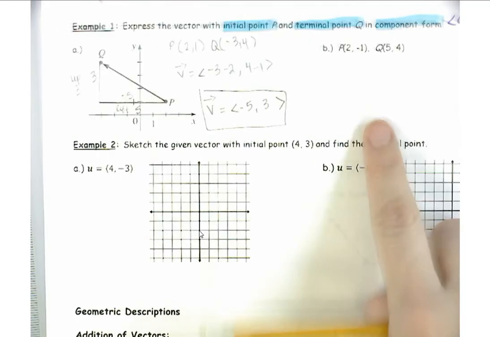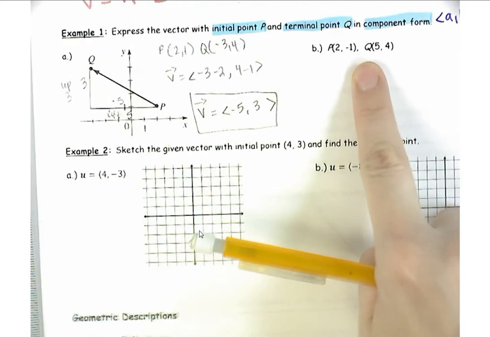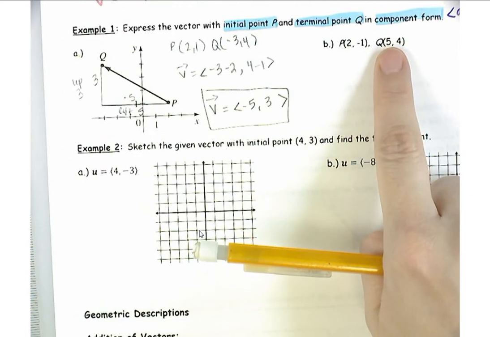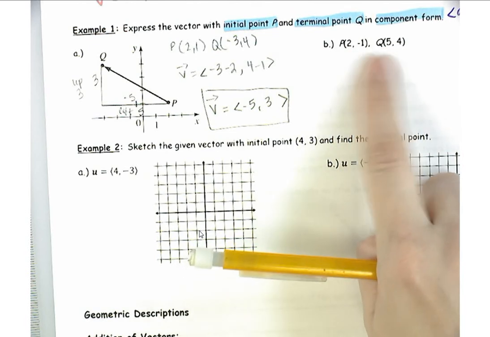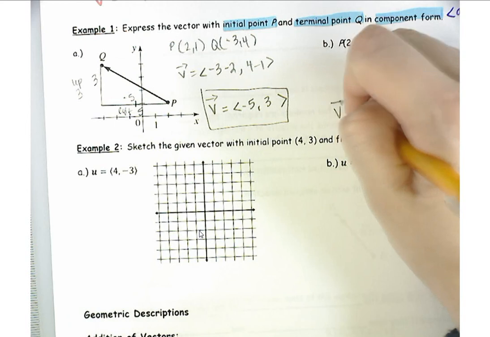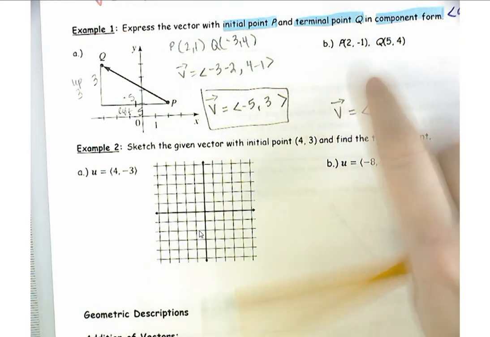You can use similar strategies for b. When you look at this, if you are going from 2 to 5, what's your horizontal distance? 3.